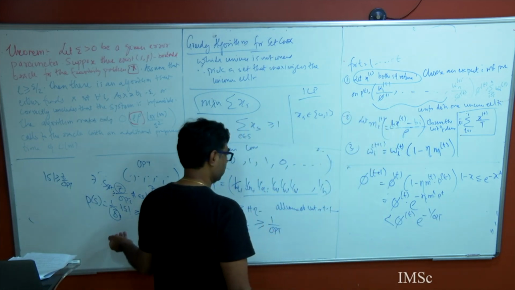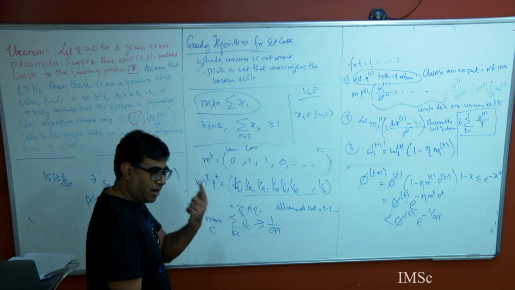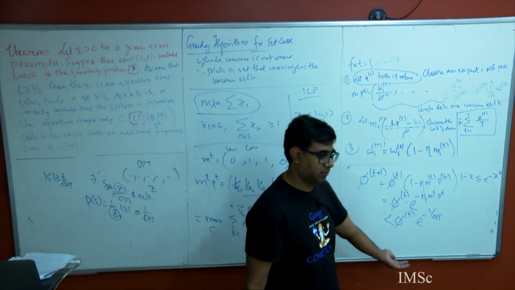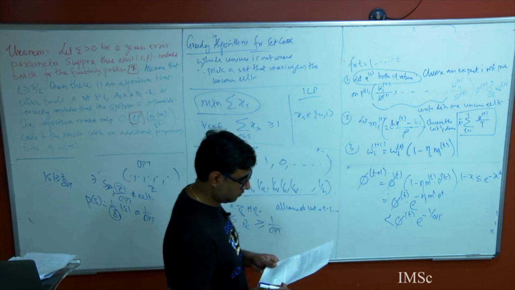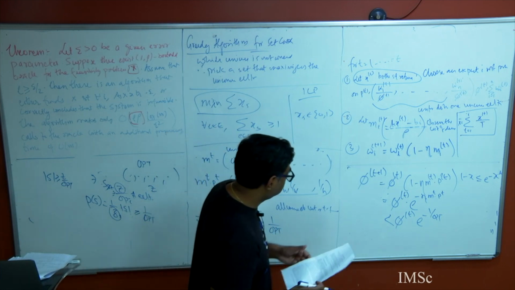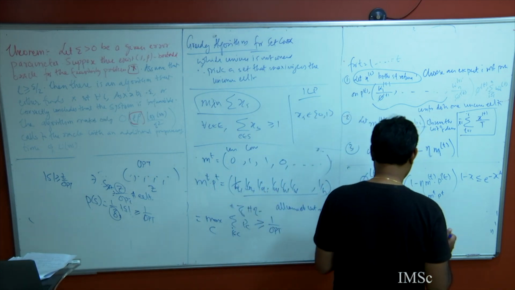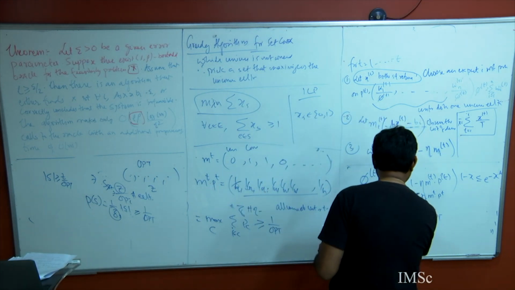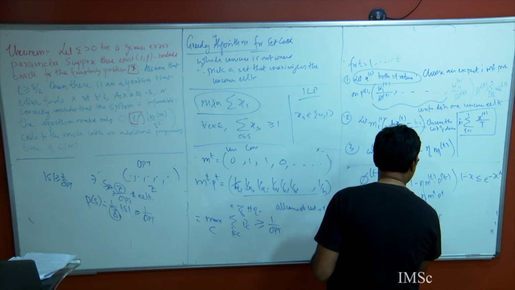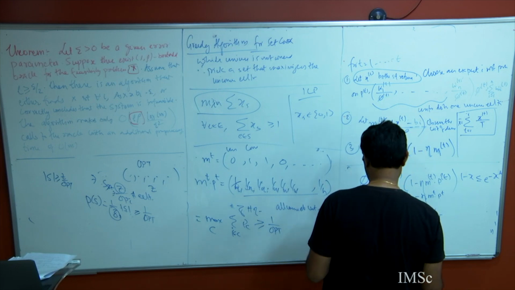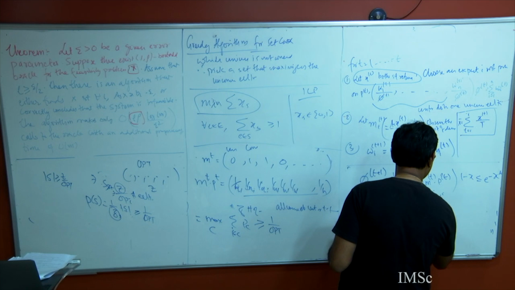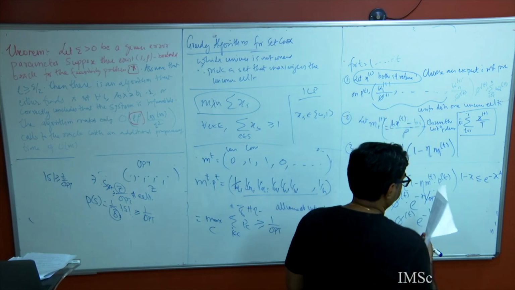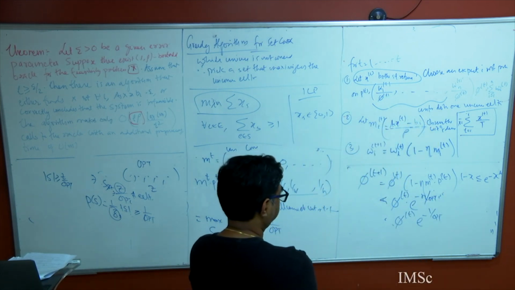So even if you have one uncovered element, this is a strict inequality. What I am saying is that this is a strict inequality when I replace this with eta over opt.